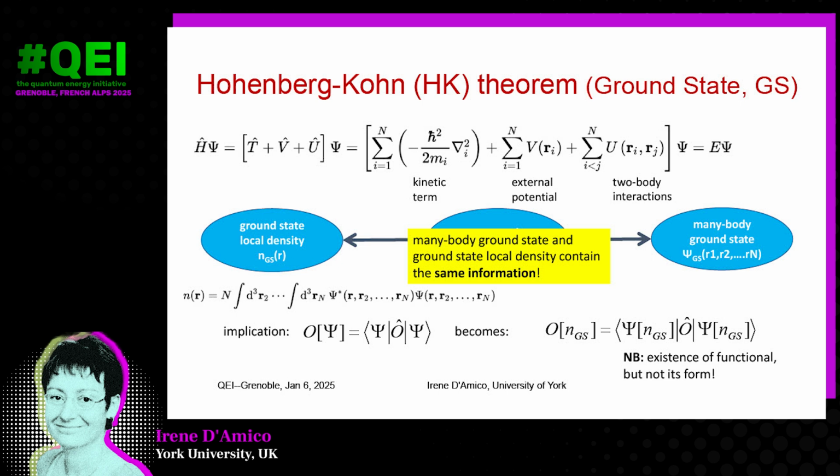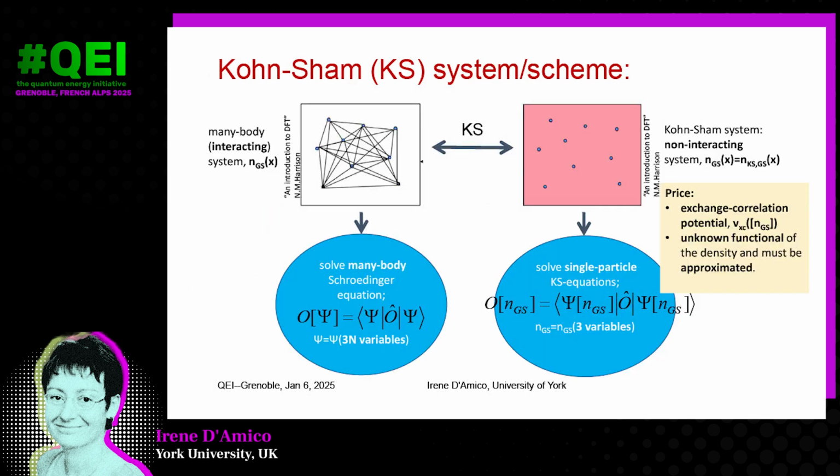The next bit is, given that I know this functional, how do I calculate the local density? Because if I have to solve the many-body Schrödinger equation, I'm back to square one. Well, the way we do this is to use the Kohn-Sham system, or if you like, the Kohn-Sham scheme.